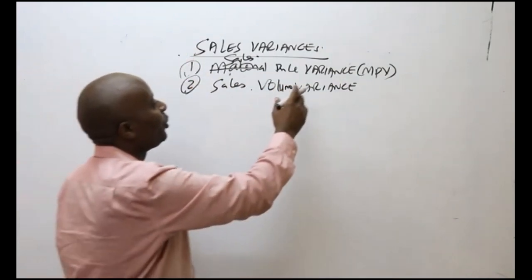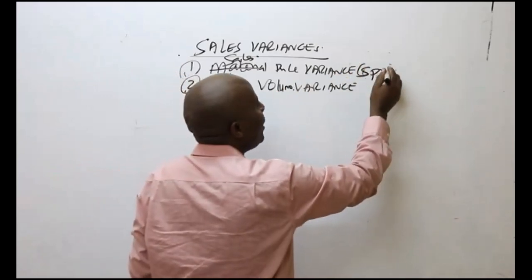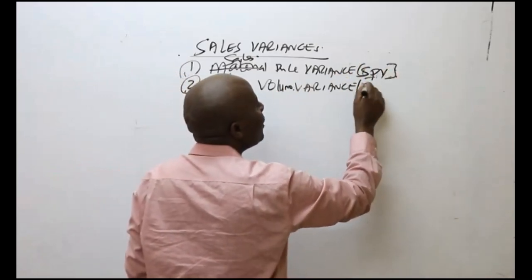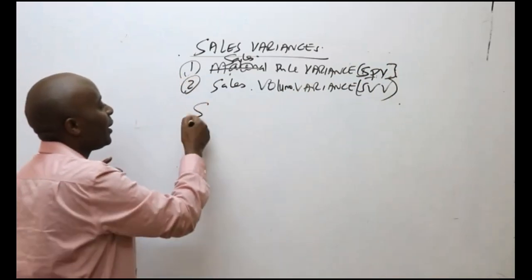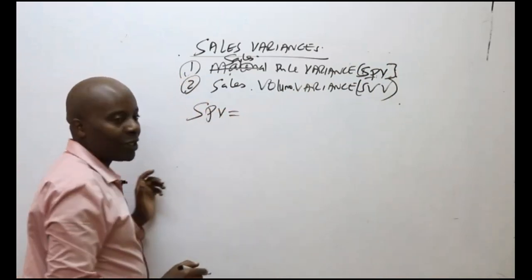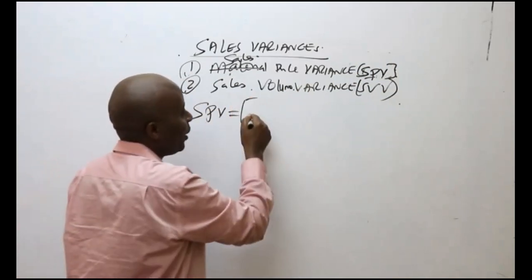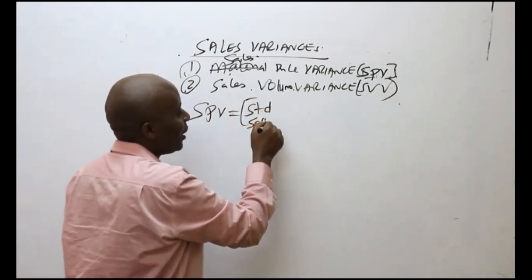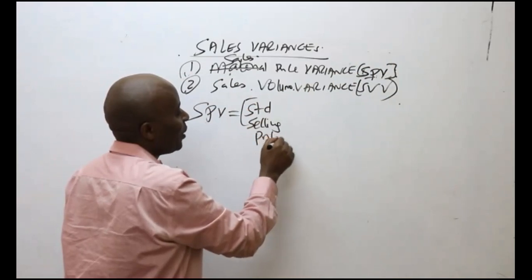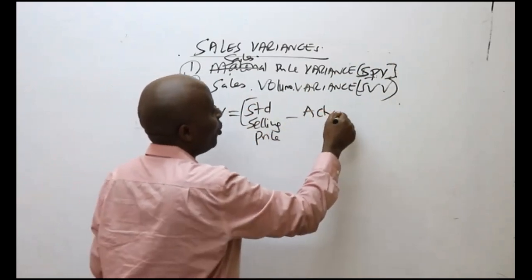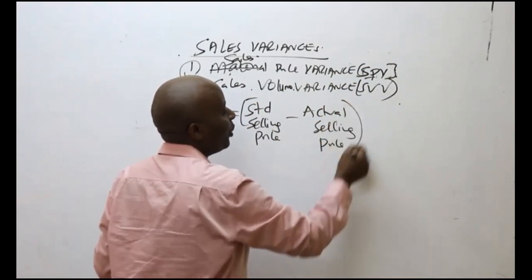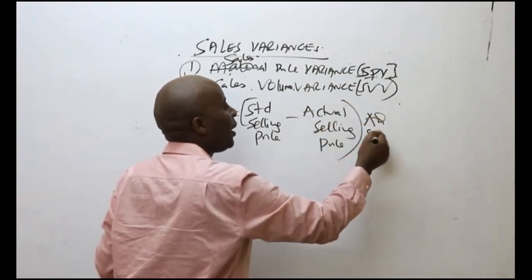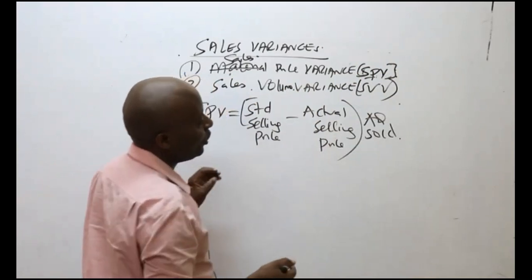This is supposed to be SPV. This is SVV. So to get the sales price variance, ladies and gentlemen, what do we have here, somebody? We have the standard selling price minus the actual selling price, multiplied by the actual quantity that was sold.